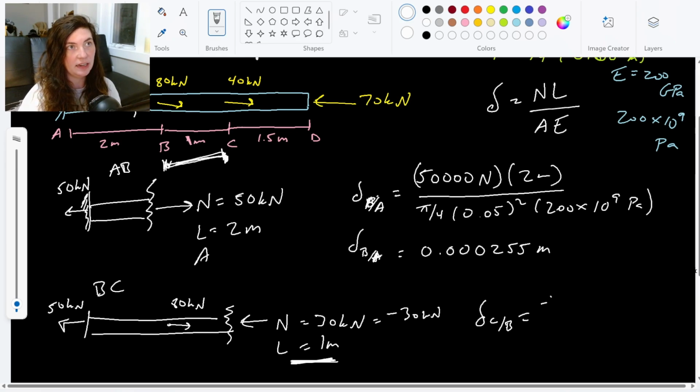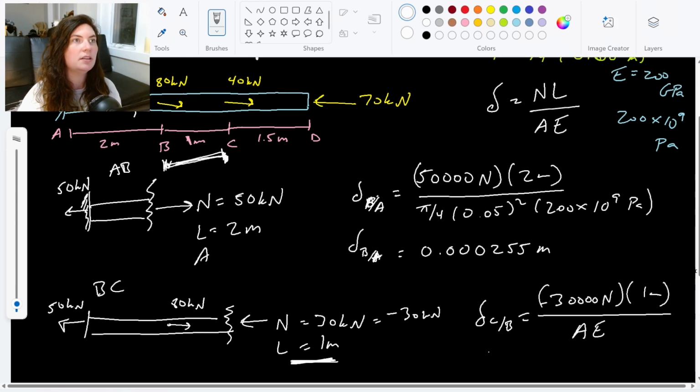So here I have negative 30,000 newtons times the length of 1 meter over all that stuff, A times E, same numbers as before. So when I punch that in my calculator, my displacement of C with respect to B is negative 0.0000764 meters.